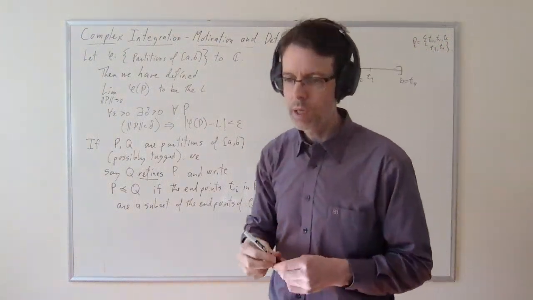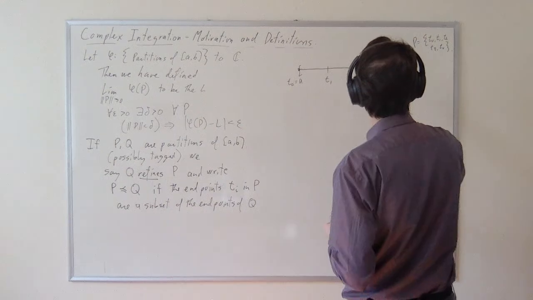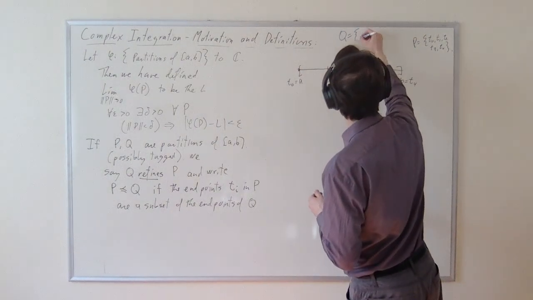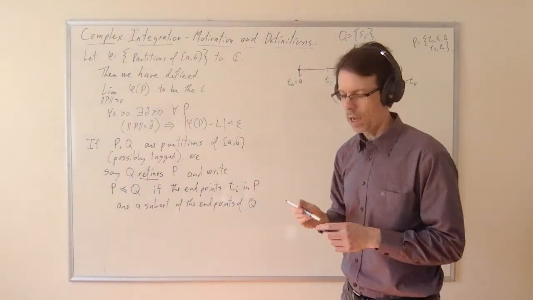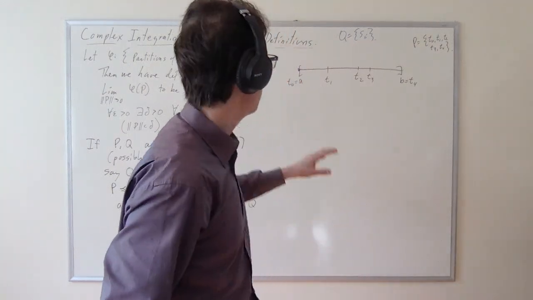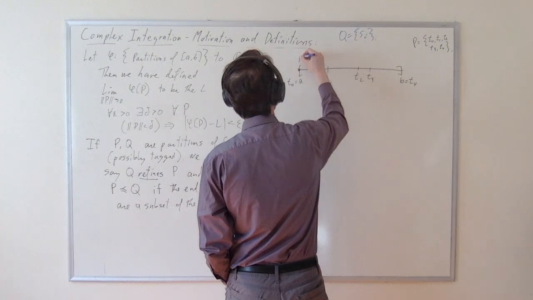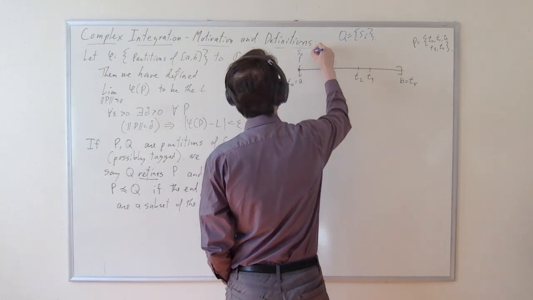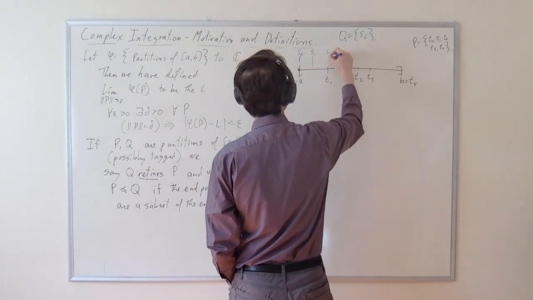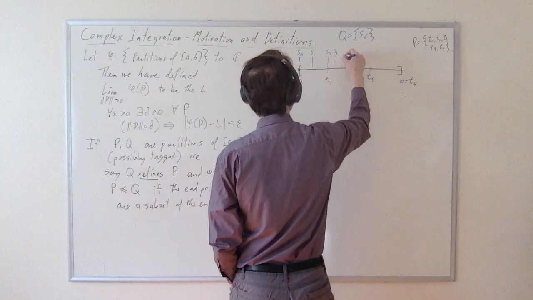Now Q will be its own situation. Q will define some endpoints Si, and if the Ti's are among the Si's, then Q is finer. So this will be S0. S1 might be here, and then S2 could be this one. S3 could be here.